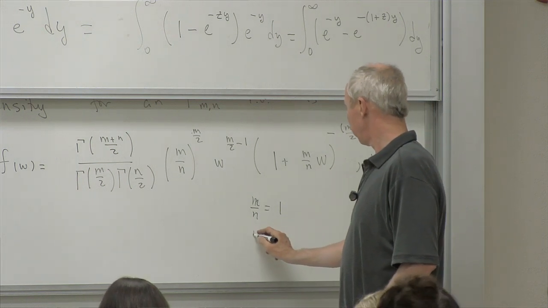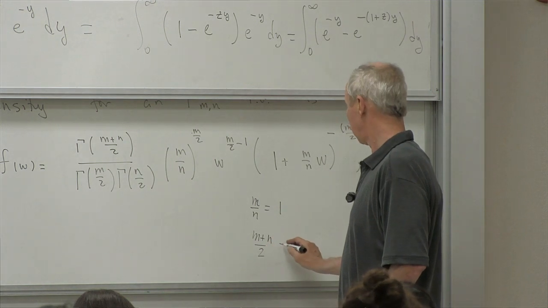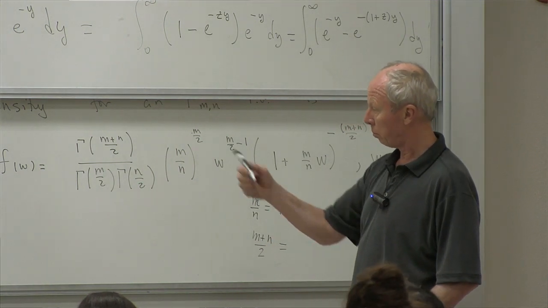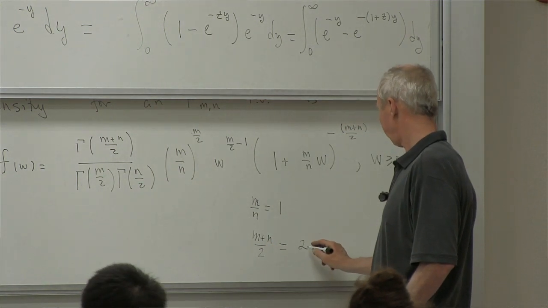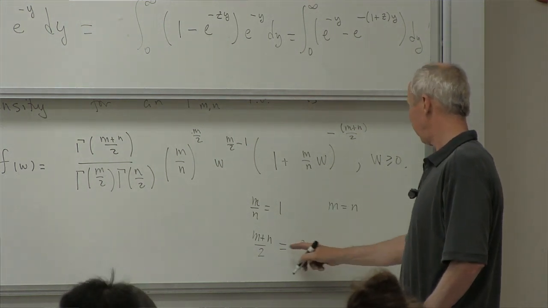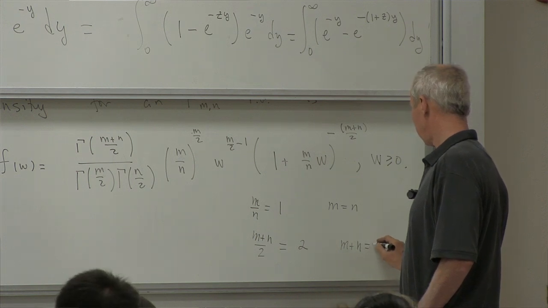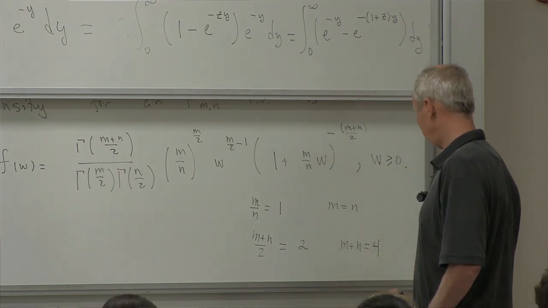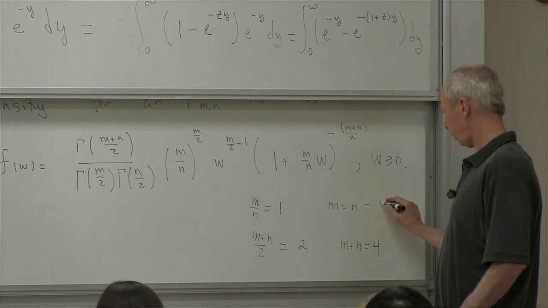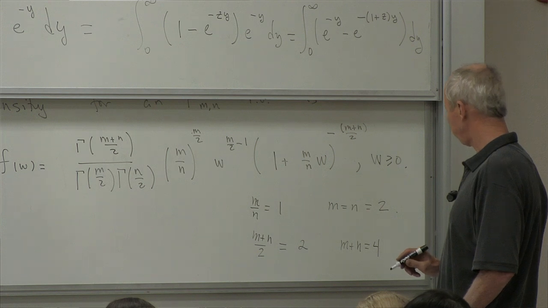M plus N over 2 would have to be what? Two. So here we get M is N, and here we get M plus N is 4. So M and N must be 2. Now let's see if that all works out.